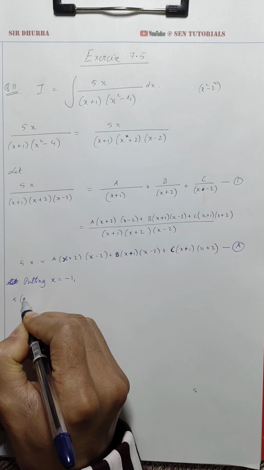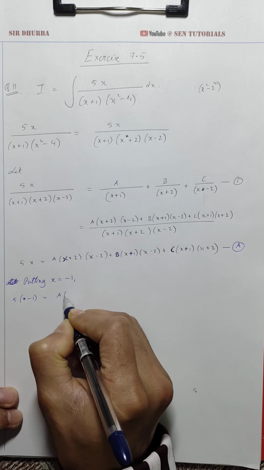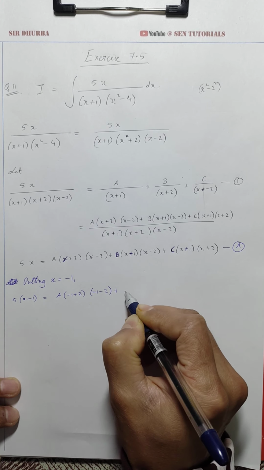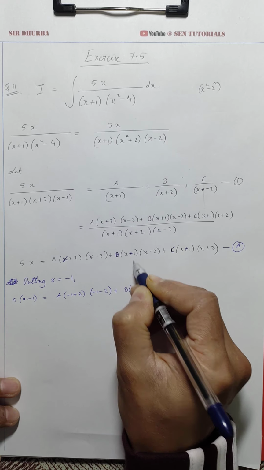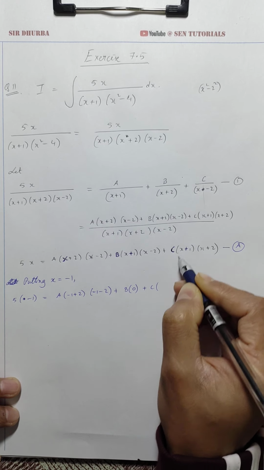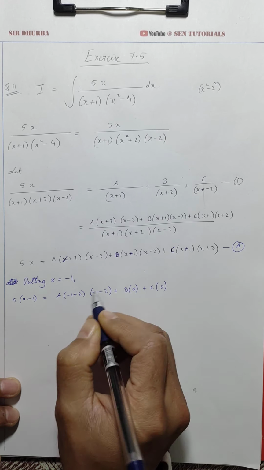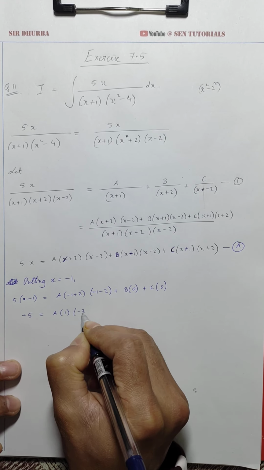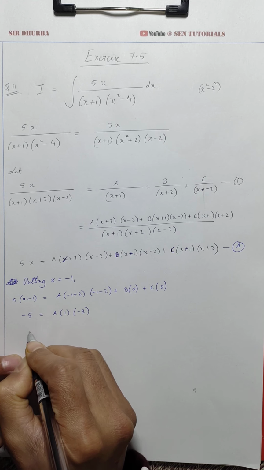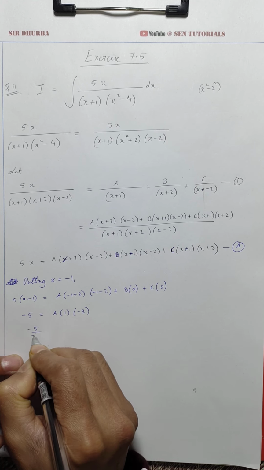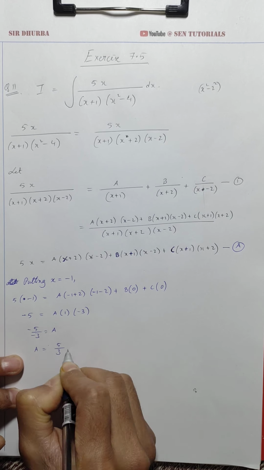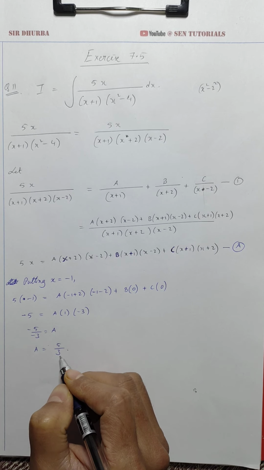Then it's 5 into minus 1, that's equal to a into (minus 1 plus 2)(minus 1 minus 2), plus b into (minus 1 plus 1), which is 0, and this also becomes minus 1 plus 1, 0. So we'll have the term only a, so that's a into 1 into minus 3. So we shall have minus 5 by minus 3 as a, that is a equal to 5 by 3.